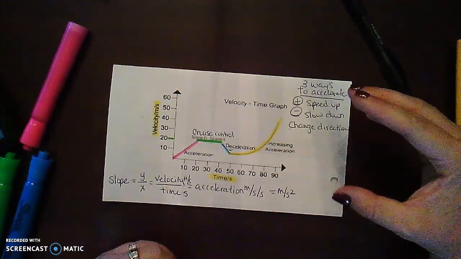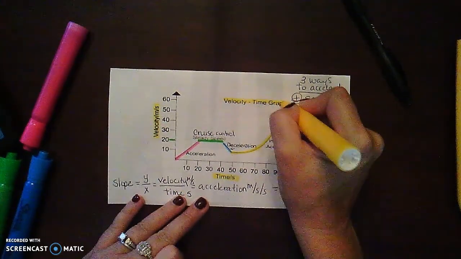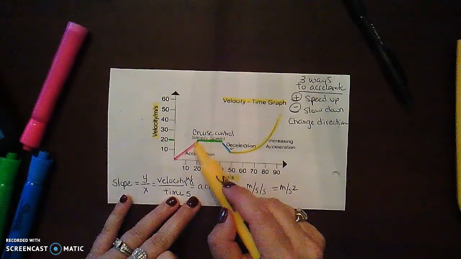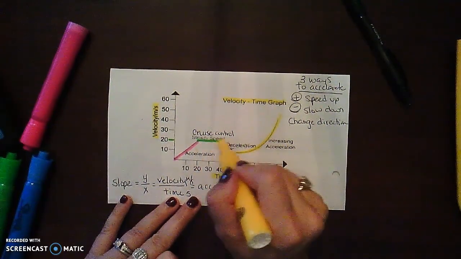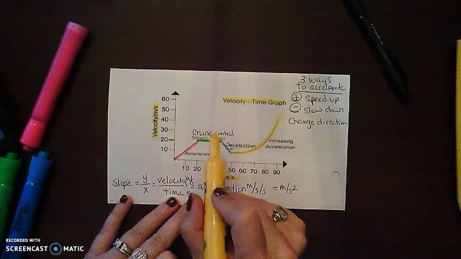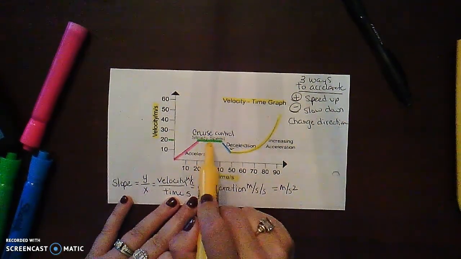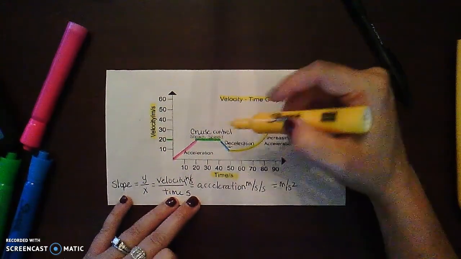So, just to remember, on a velocity versus time graph, the slope gives you acceleration. So if it's a positive slope, it's a positive acceleration, you're speeding up. No slope means no acceleration, which is cruise control.